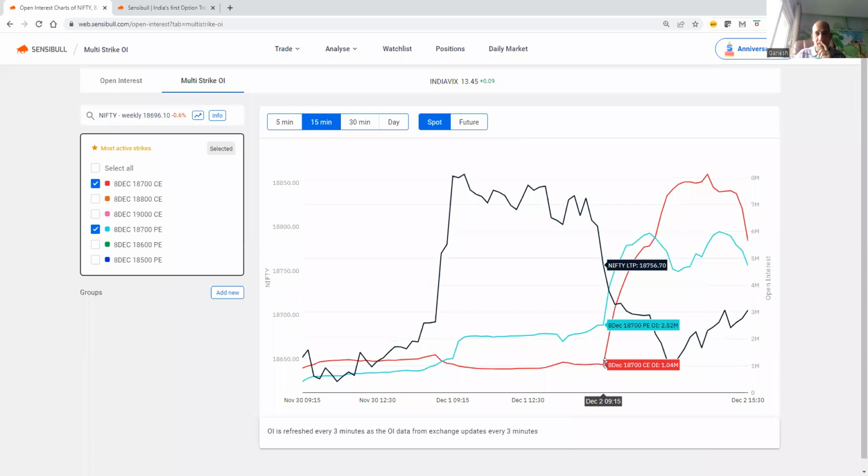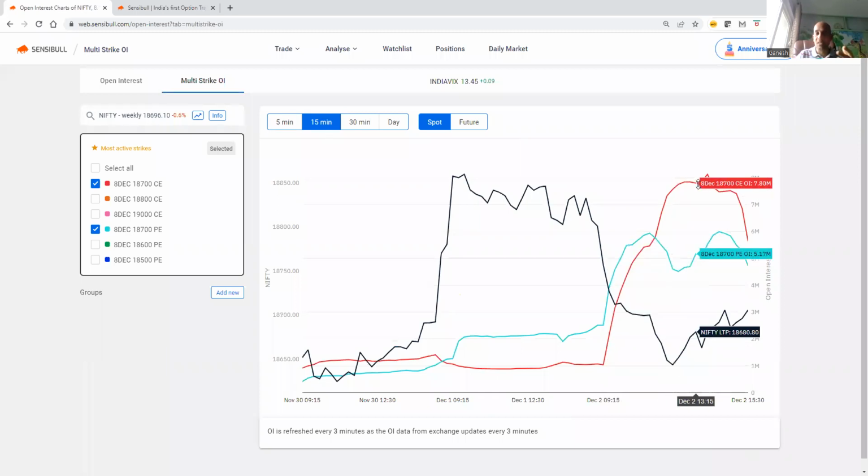Suppose you see here after 9:15, the 700 call added more open interest, as we see in the open interest diagram also. 700 added more call shorts. Of course, the market also did not cross 18,700 on Friday itself, so people believed it would not cross that day and added more shorts at the 700 calls.